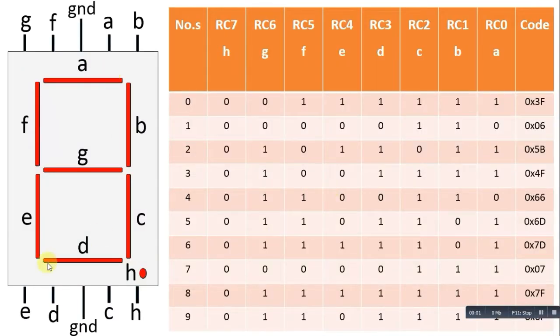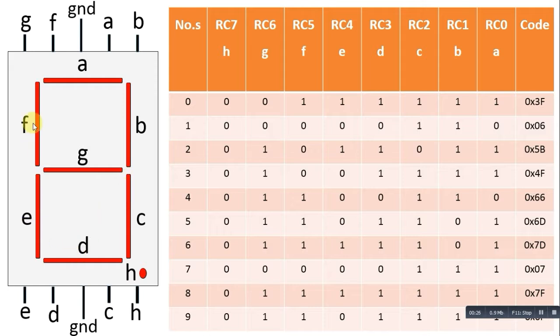This is a common cathode SSD, and this is a table which you have to make for coding this SSD. First of all, you have to write all digits which you want to display on the SSD like this. Here you have to write the pins of the port with which you have connected these SSD pins. Now suppose I want to display 0 on the SSD, then I have to glow the A, B, C, D, E and F LEDs.